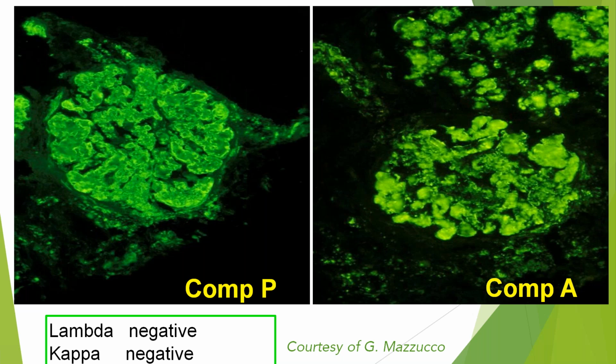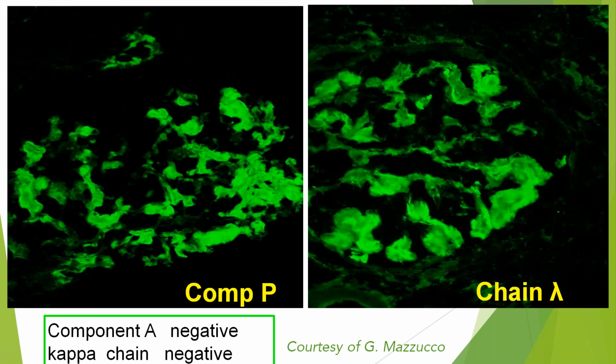The typing of amyloidosis can be performed using immunofluorescence. Here you can see a renal biopsy showing AA amyloidosis, and here you can see a biopsy showing amyloidosis due to the presence of lambda light chains from immunoglobulins.